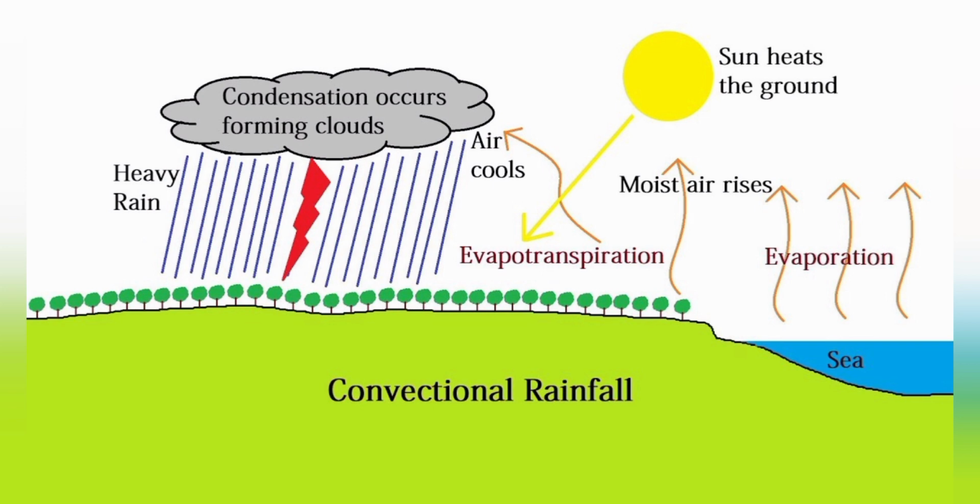When it reaches a certain height, it forms cumulonimbus clouds because the air reaches its saturation point and thus gives heavy rainfall. But this type of rainfall does not last for very long. It may occur along with thunderstorms and lightning.